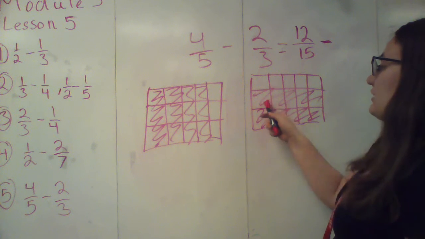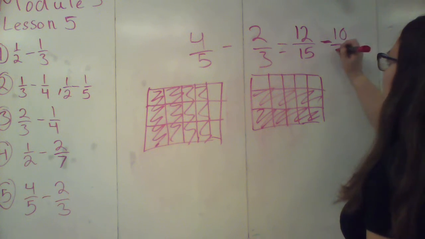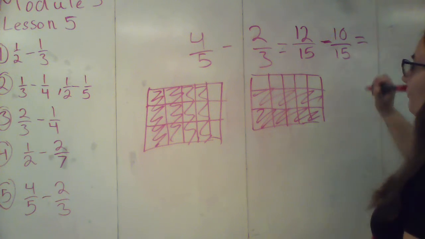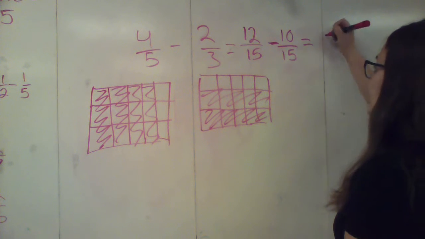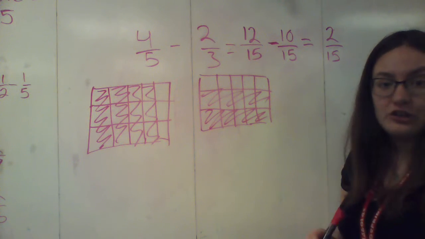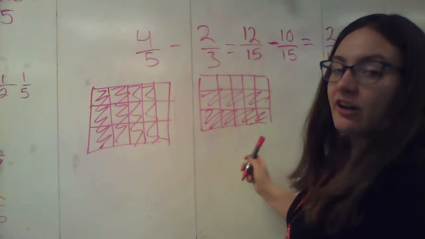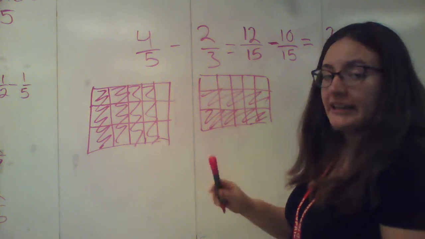And I will subtract 1, 2, 3, 4, 5, 6, 7, 8, 9, 10, 10 15ths. And then I will go ahead and subtract 12 minus 10, which is 2, out of 15, or 2 over 15. And I can also show that using my model as well, because I know that I have 10 boxes right here.